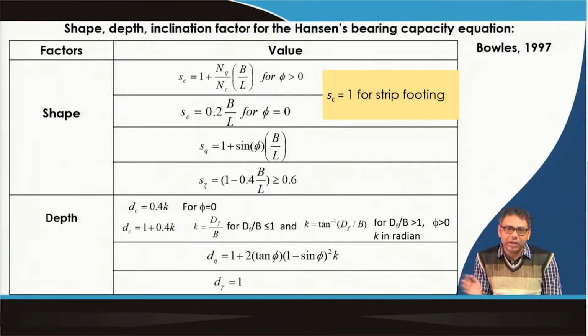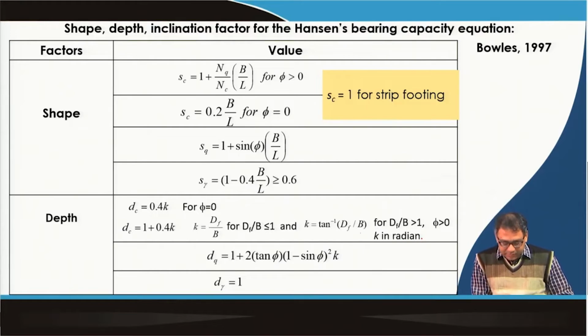If it is coming more than 0.6, then we have to use the actual value, but if it is coming less than 0.6, then we have to use 0.6. And for DC, if phi equal to 0, then 0.4 into K. What is K? K is dF by B if dF by B is less than or equal to 1, and if it is greater than 1, then K is equal to tan inverse of dF by B, and remember that K is in radians.